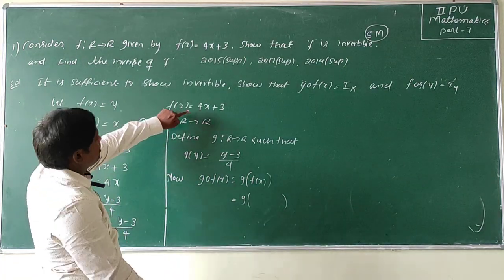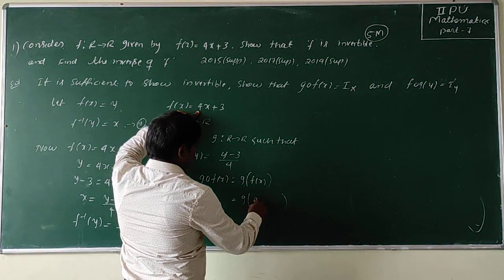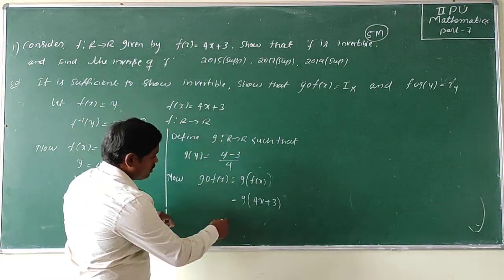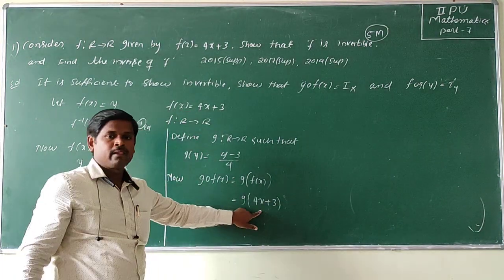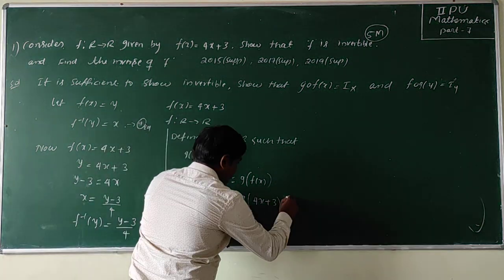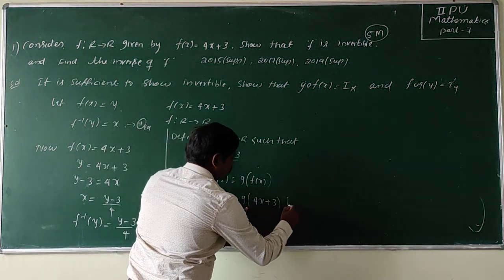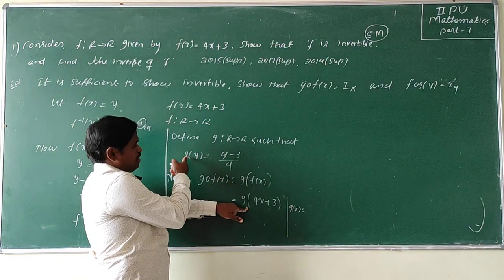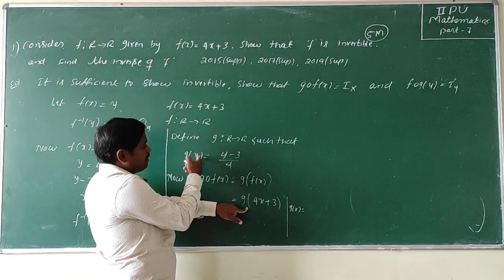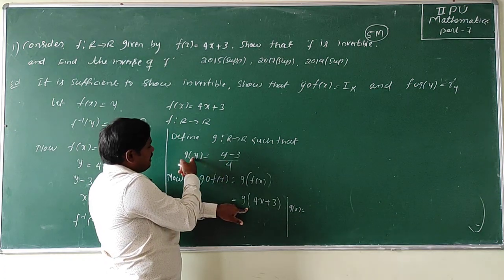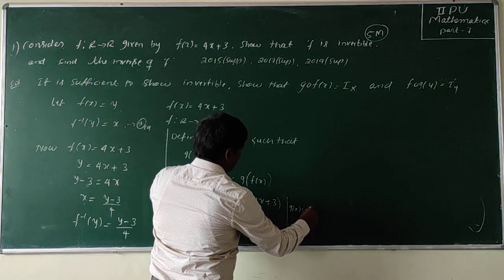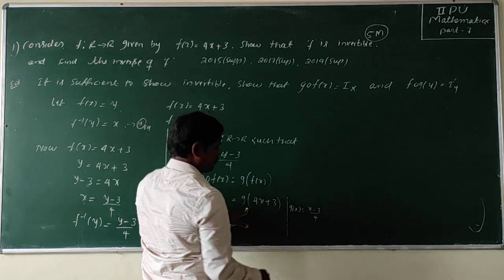Now f of x is equal to 4x plus 3. This is f of x. So observe here, g of x is equal to (x minus 3) divided by 4.